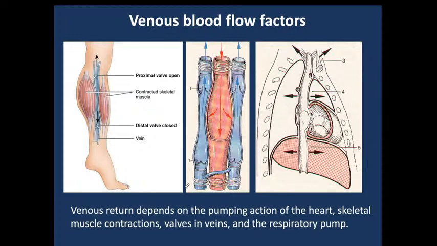Why do veins transport the blood? There are four factors. First is of course the action of the heart. This is a pumping action, and the heart produces pressure, and this pressure is also present in the veins.